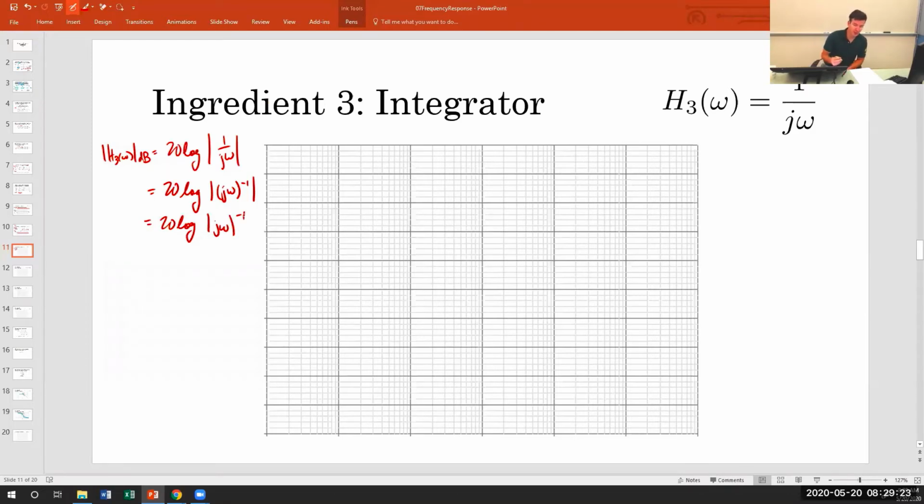And now the log of something to a power, that power can come out in the front. So I'm going to take the negative and write it out here, and I get minus 20 log magnitude j omega.